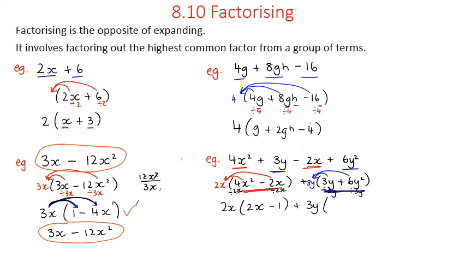So 3y divided by 3y is 1, and 6y squared divided by 3y, 6 divided by 3 is 2, and y squared divided by y is y. So that's your final answer. So you can collect groups of variables and then factor out. Or as we saw in this example, you can do all 3 at once if they all have a common factor.